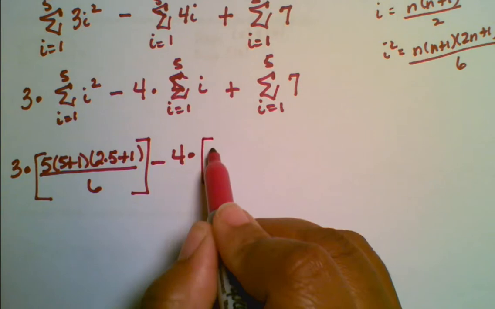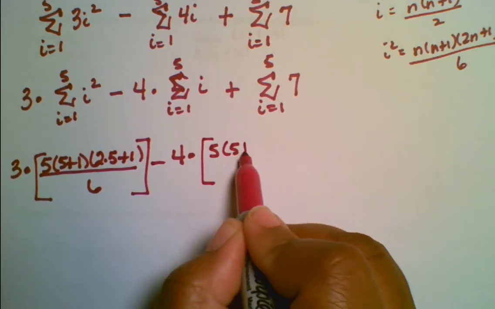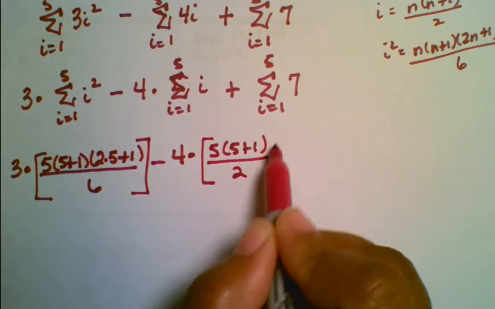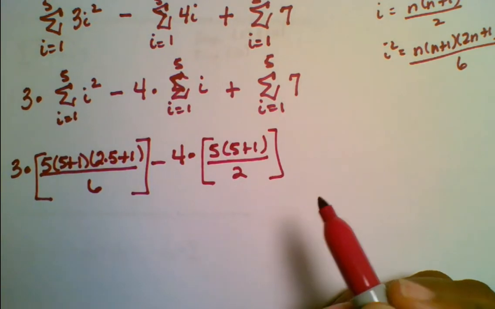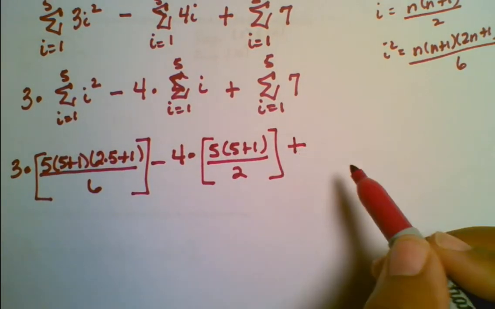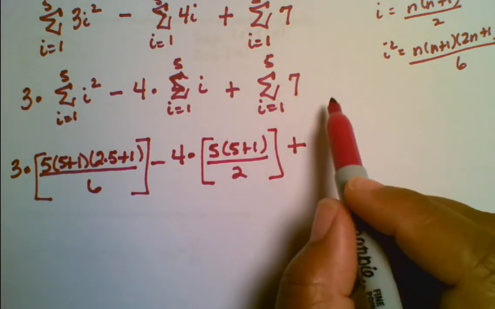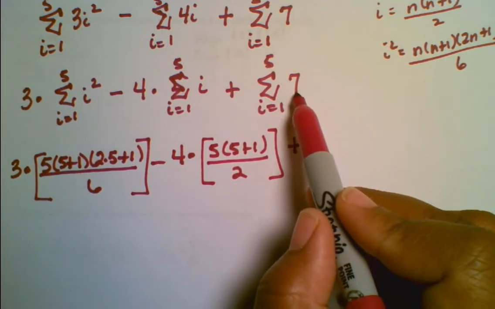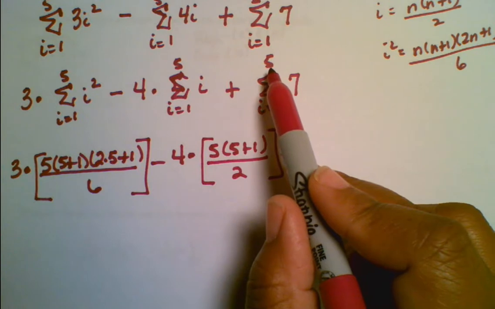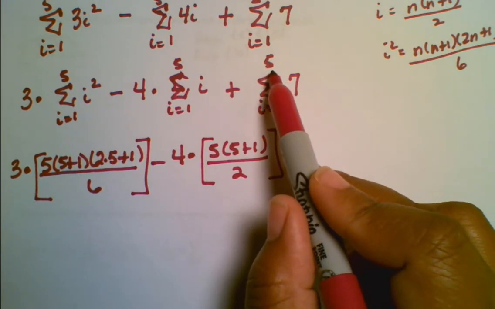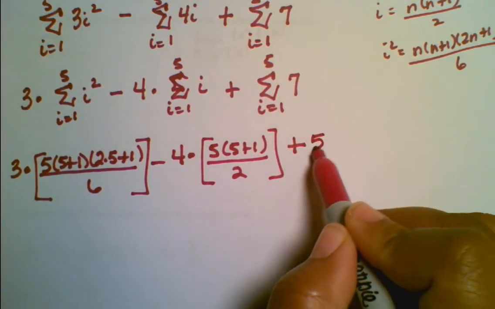So we're saying 5 times 5 plus 1 all over 2, plus, and then the last one here we're using property A, where we're going to multiply the constant of 7 to the number of terms in the summation, which is 5. So we have 5 times 7.